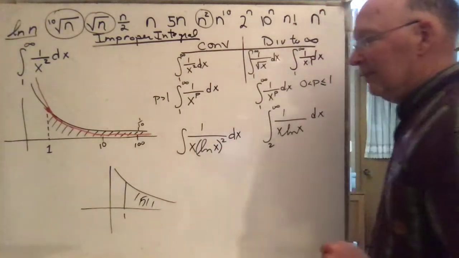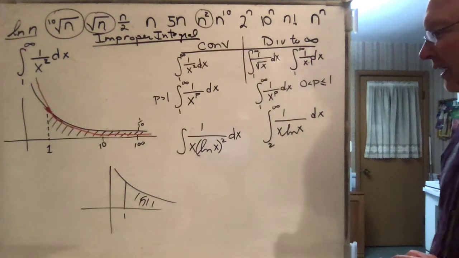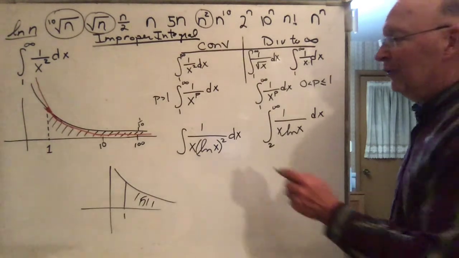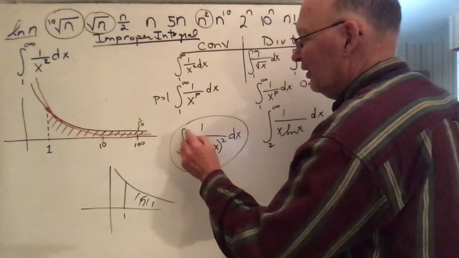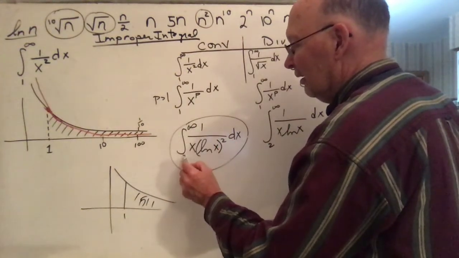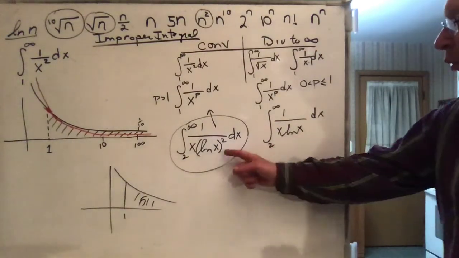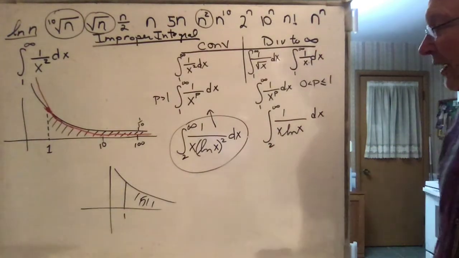What about that one? How would that one behave? And I think you'll find that this one belongs in here. It's there. So now, can you find one between here and here, for example?